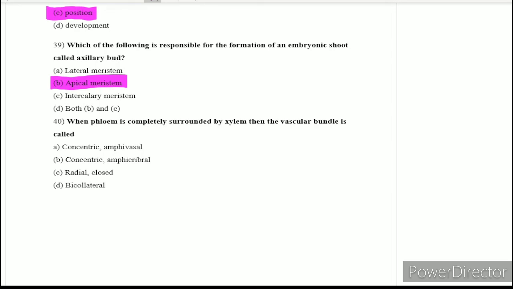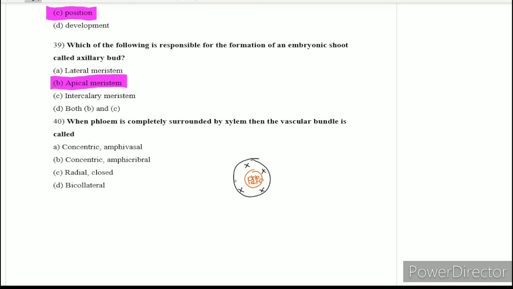And the final one. When phloem is completely surrounded by xylem, then the vascular bundles are called. Okay, so this is phloem, and it is completely surrounded by the xylem.